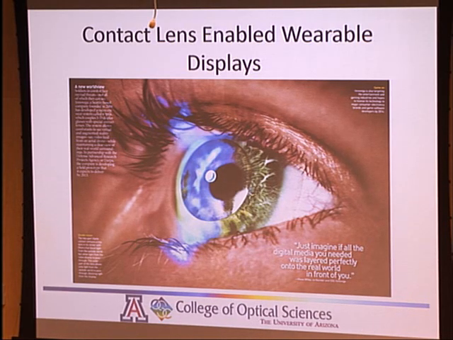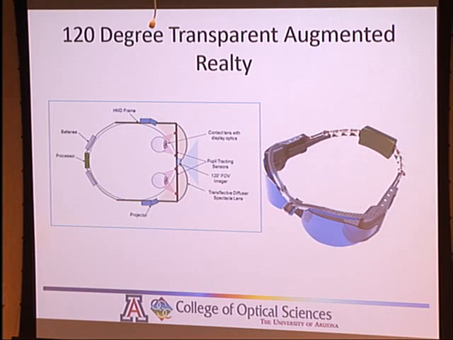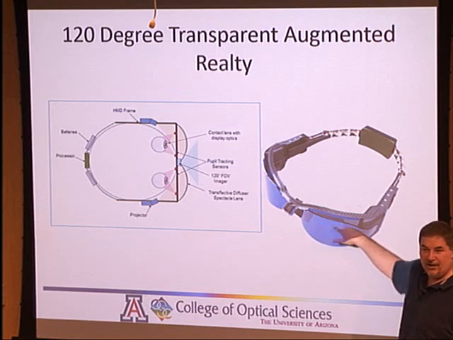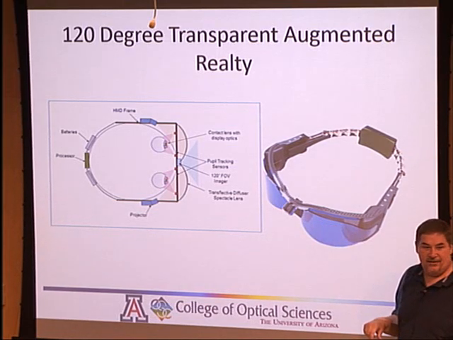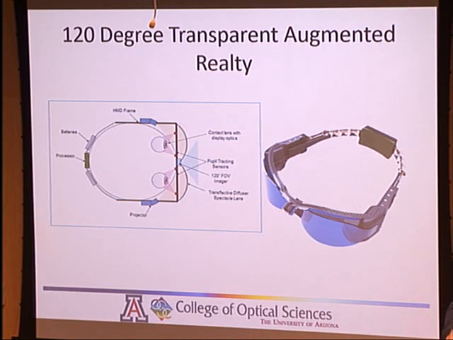So here's another shot of the same lens. What you can do with this now is make a pair of glasses, and make the inside surface of these glasses the display. So instead of having this brick on the front of your face, you just have a pair of glasses, and that little tiny lens in the center of the contact lets you focus on the inside surface of your glasses.